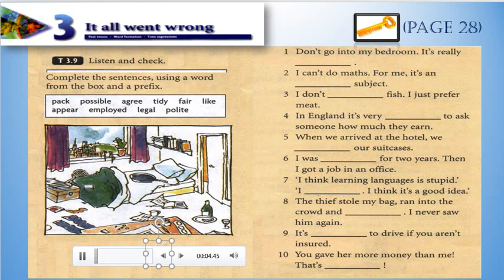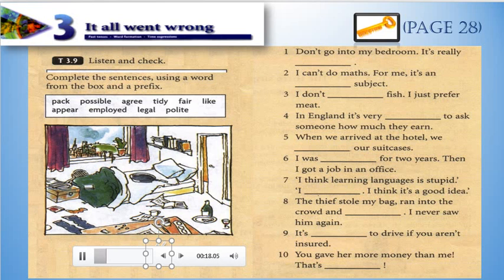Tape script 3.9. 1. Don't go into my bedroom. It's really untidy. 2. I can't do maths. For me, it's an impossible subject.